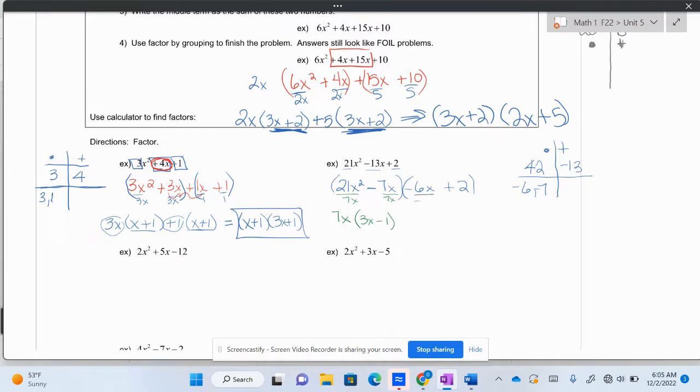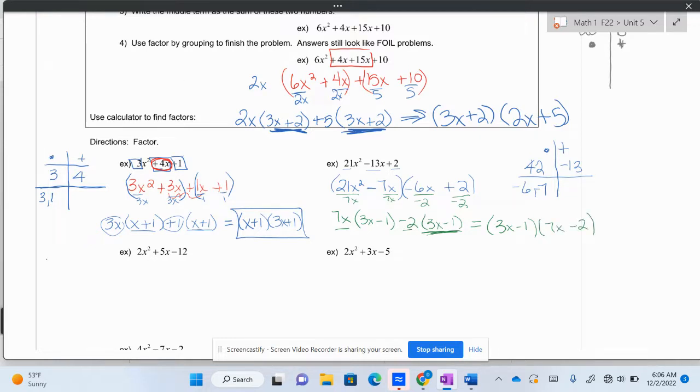I'm going to take out a negative 2. Negative 6x divided by a negative 2 gives me a positive 3x. Positive 2 divided by negative 2 gives me a negative 1. So my repeated binomial is 3x minus 1, times the quantity of what's left over, 7x minus 2.